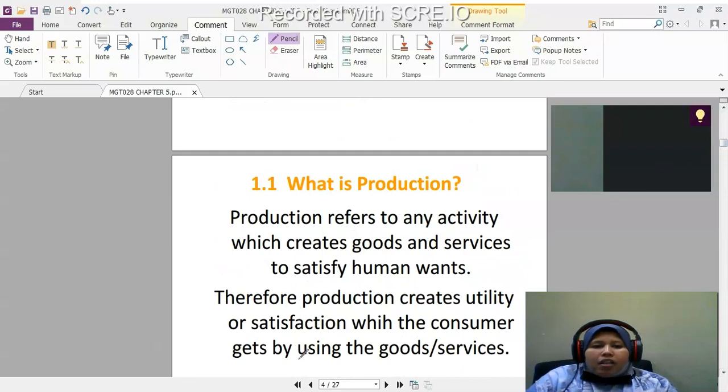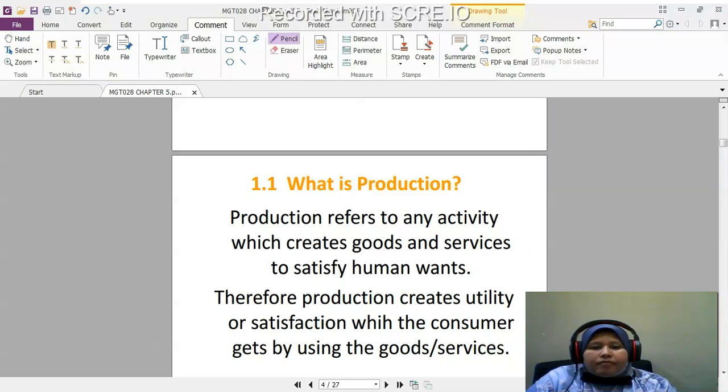Production refers to any activity which creates goods and services to satisfy human wants.